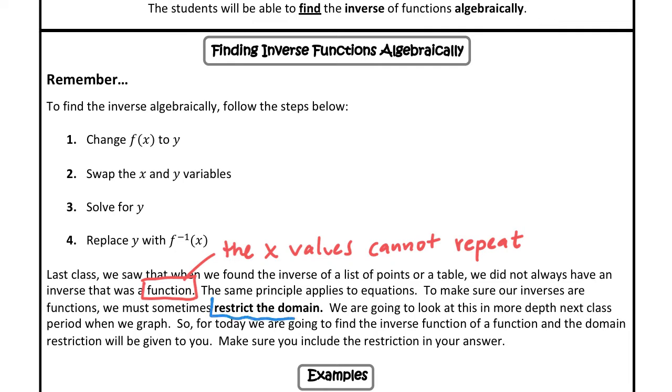When we say restrict the domain, it means that we're only looking at a specific set of x values.